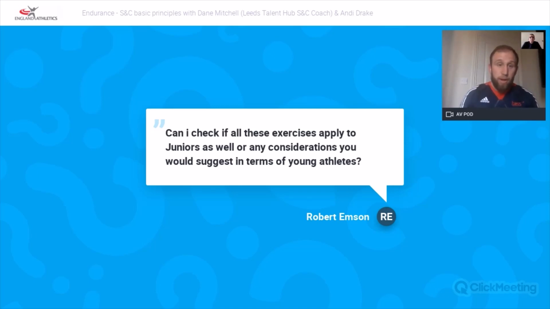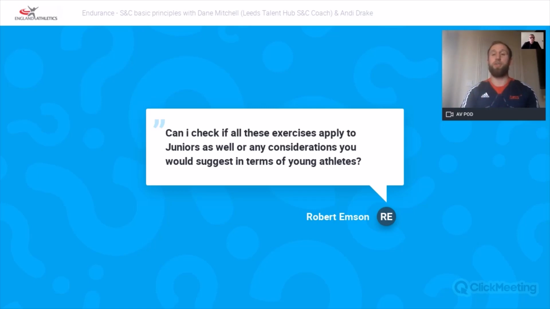Another question, try and get a couple more in. Can I check if all these exercises apply to juniors as well, or any considerations you would suggest in terms of young athletes? Yeah, so similar question. Again, for junior athletes, the principles of low load to high load, be careful with that. Everyone's got to earn the right to resistance train with heavier loads. The foundation is technique.